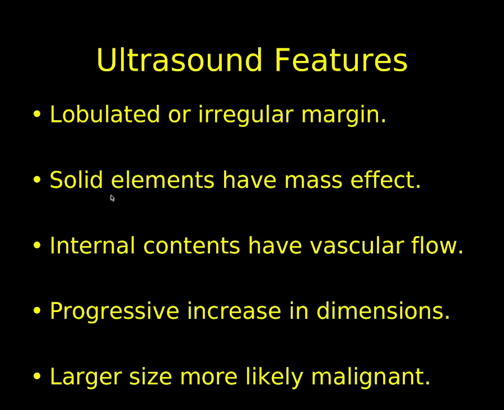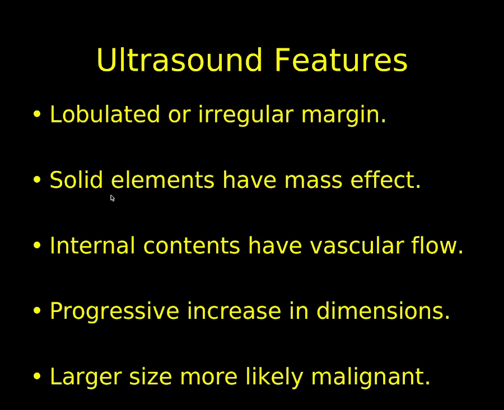Now, a lobulated mass is a very suspicious finding in an ovarian cyst or ovarian solid mass. Having a smooth border doesn't mean with certainty that the lesion is benign, but it's certainly quite reassuring. If you see an irregular or lobulated border, that's a strong sign of malignancy.